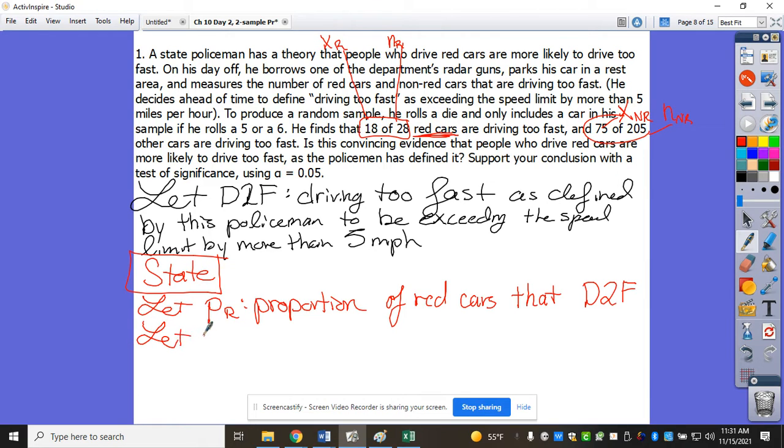And then, so let P of NR be the proportion of non-red cars that are driving too fast.